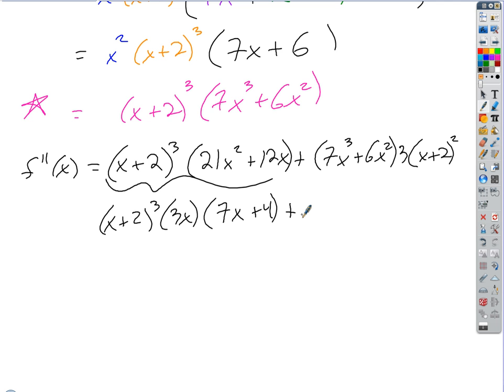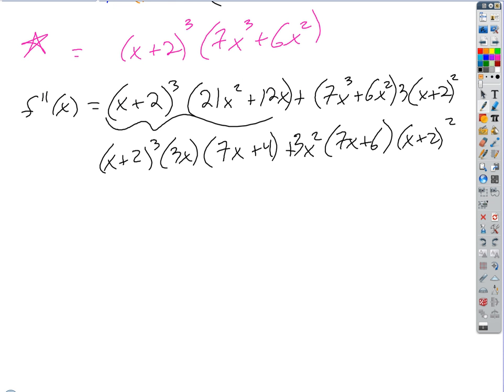Plus, I could pull out an x squared over here, x squared times 7x plus 6. And then I could put that 3 with the x squared, and then I've got an x plus 2 squared.